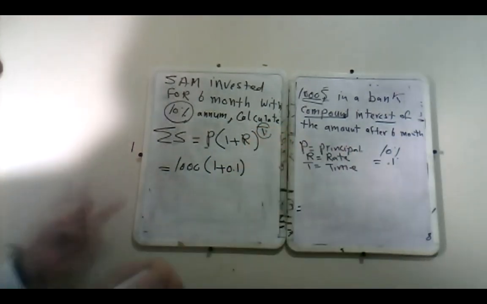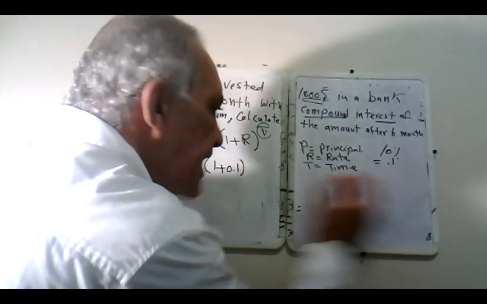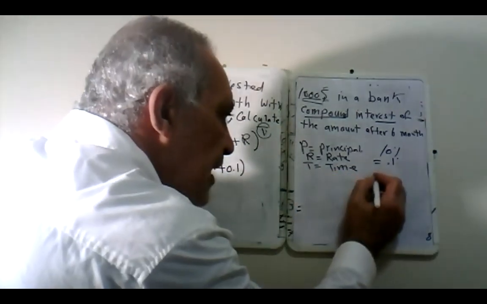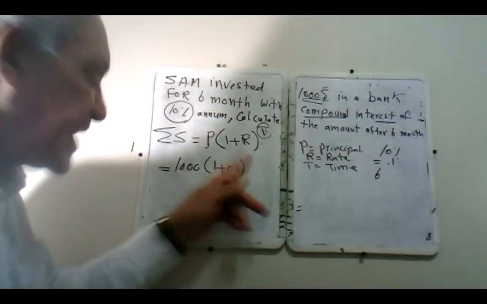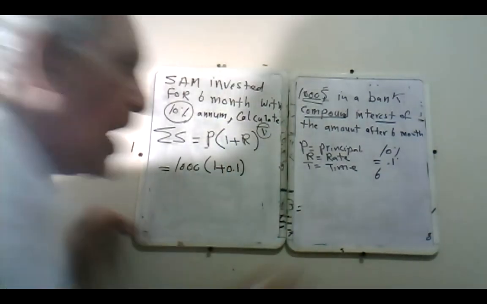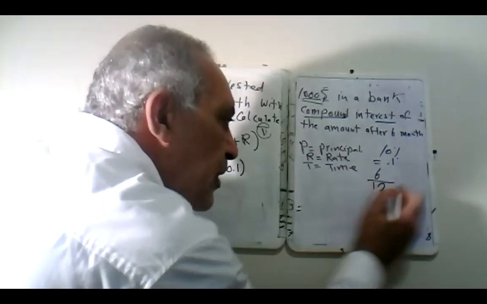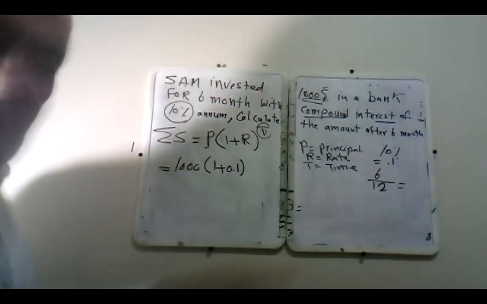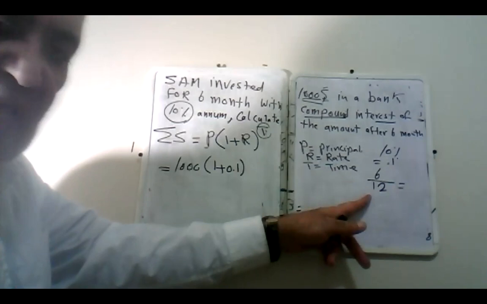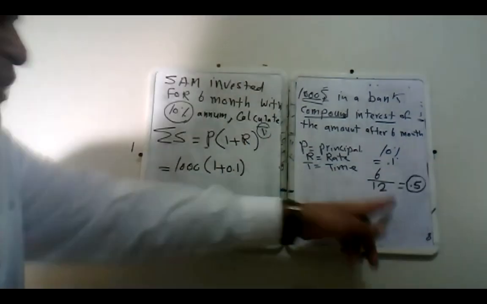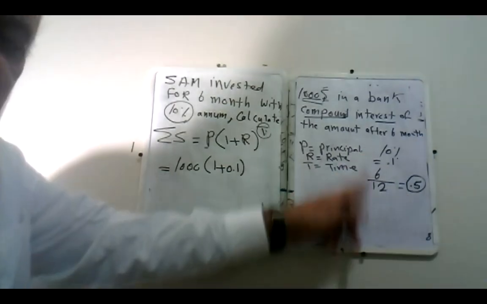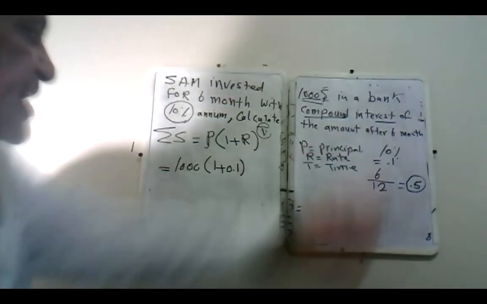The 6 months means as long as 6 months, I cannot write it 6, because if I write it power 6, that means 6 years. I have to convert it into part of the year. So it's 6 months divided by 12, that means 0.5, because 6 months divided by 12 months is half a year.